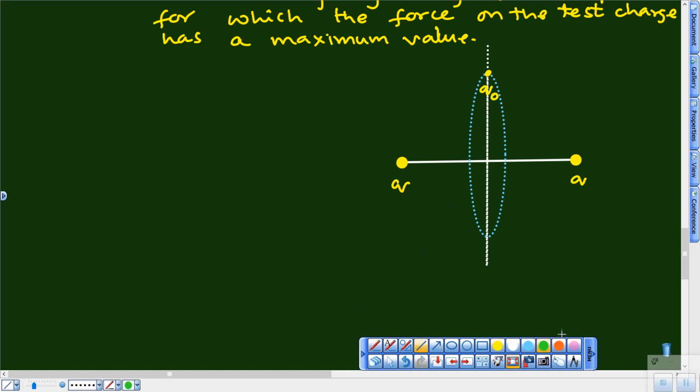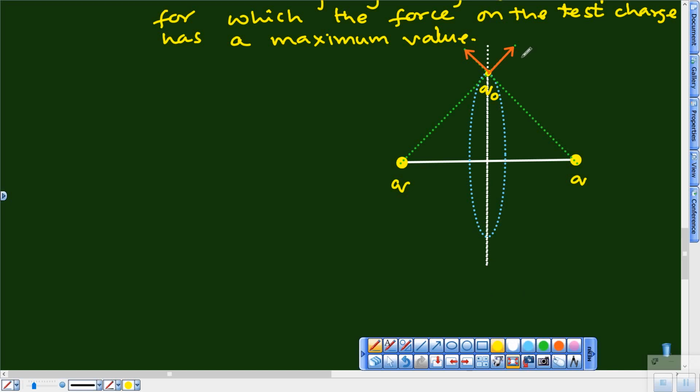So if I see the force on this charge, it will be acting along this line. Of course, due to this, it will be acting along this line. The forces are, you can see, I'm showing with another color, this and this. They both would be equal in magnitude after all.